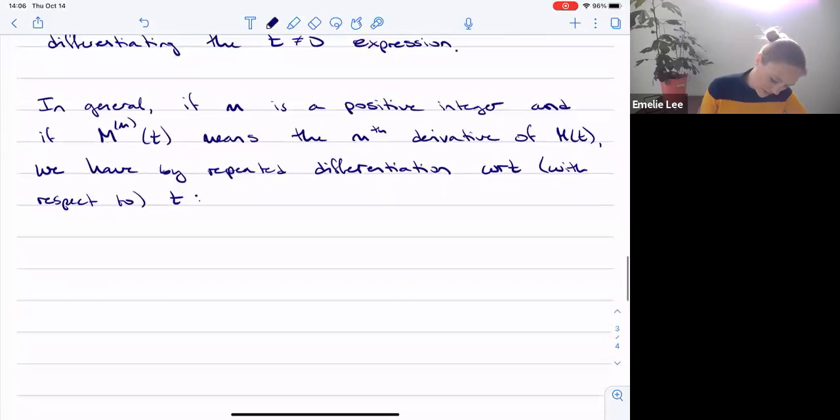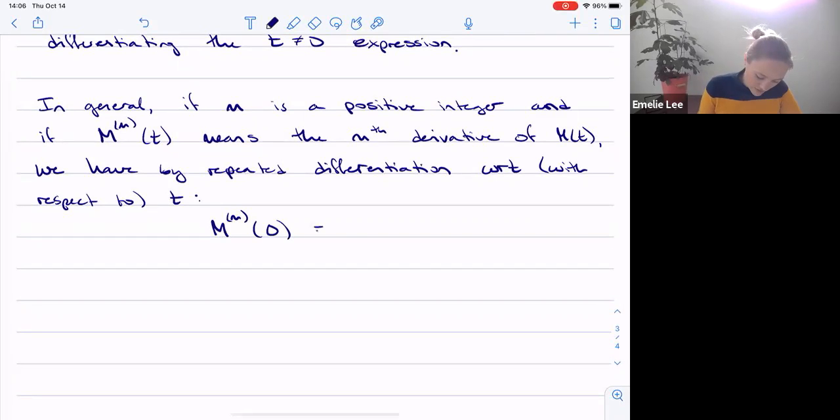Then we find that the mth derivative of M(t) evaluated at 0 is the expected value of X to the power of m.